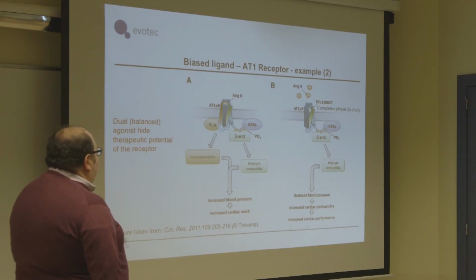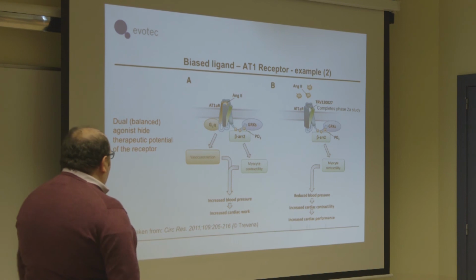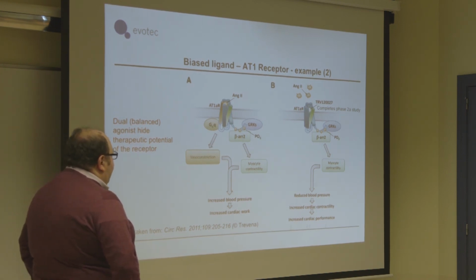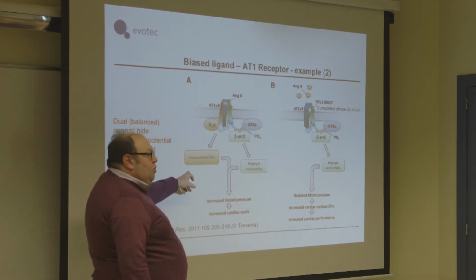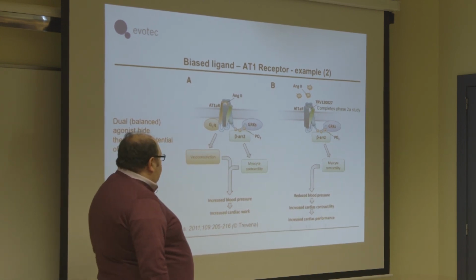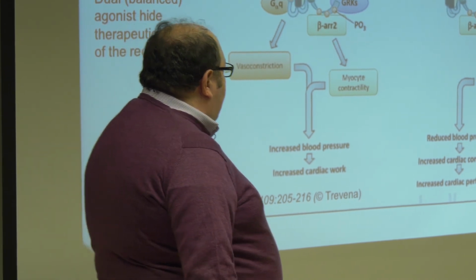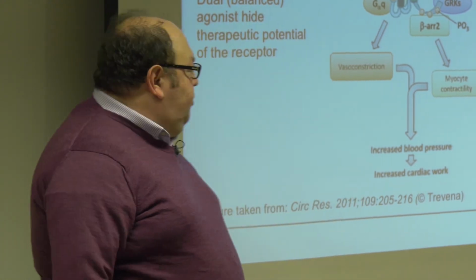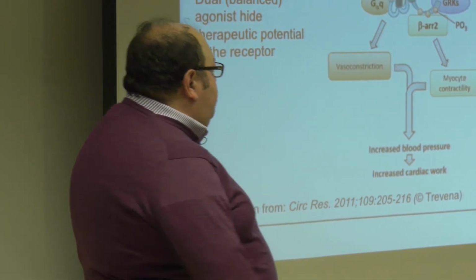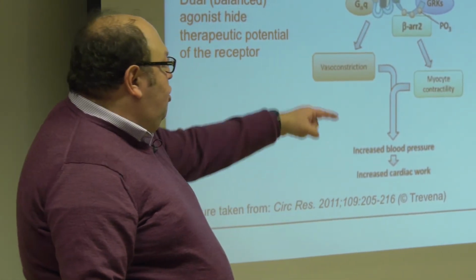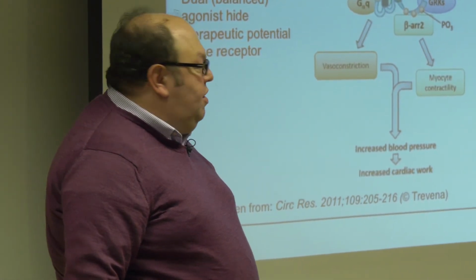Again, the angiotensin receptor, known for controlling blood pressure. One signal causes an increase of blood pressure. The other signal causes the totally opposite, a decrease. So if you manage to separate those two signals and signal only one, you will have all these positive effects.